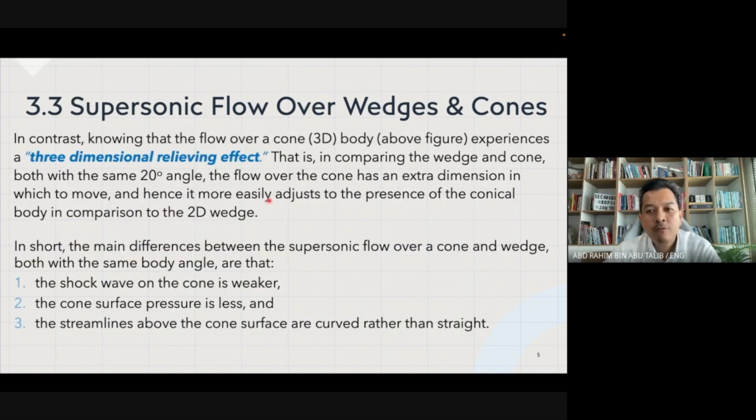The flow over the cone has an extra dimension because it is 3D, and hence it more easily adjusts to the presence of the conical body in comparison to the two-dimensional wedge.